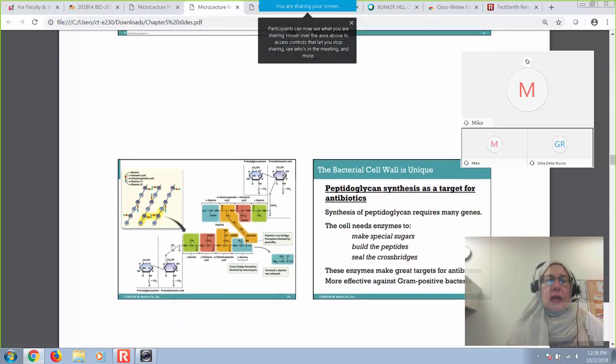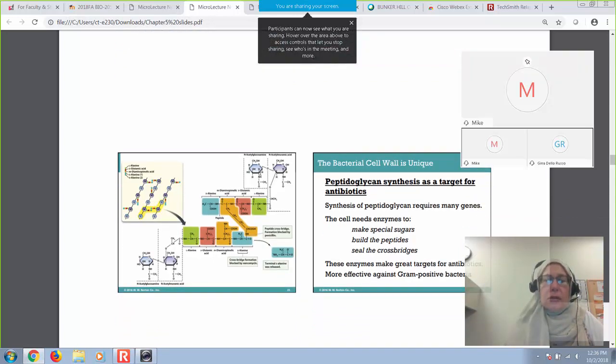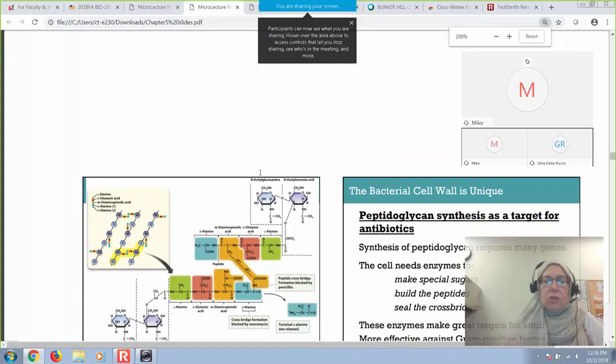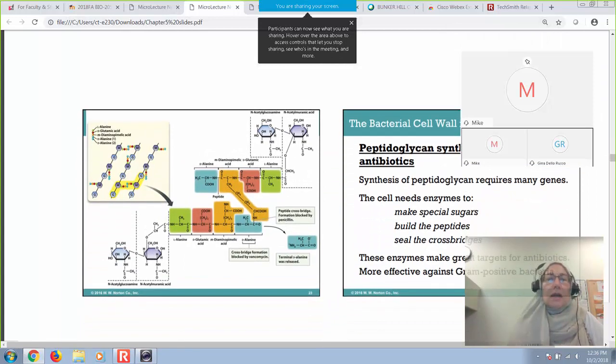If you look at the image on the left, that gives a detailed structure of the peptidoglycan. Here on the very left of the image, you see the strings of sugars, so the glycans, that are alternating in their form of N-acetylglucosamine and N-acetylmuramic acid, which are detailed up here in the right corner.